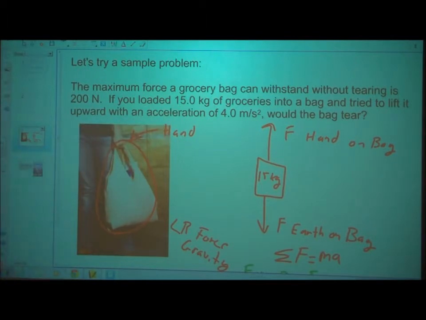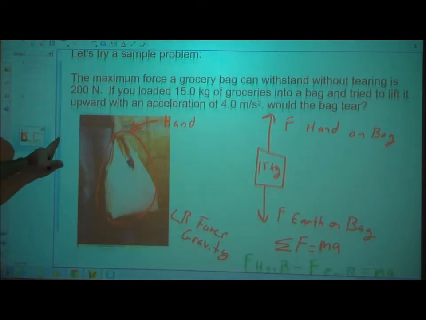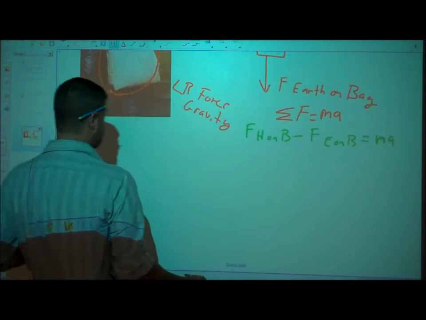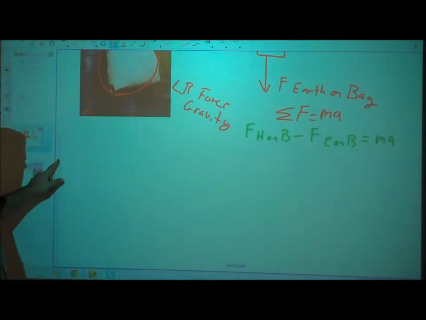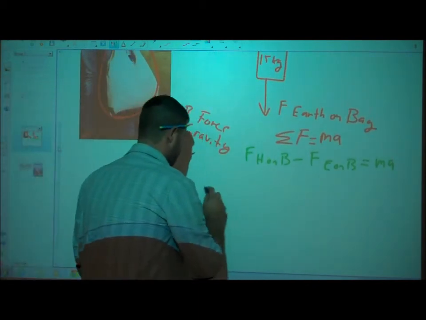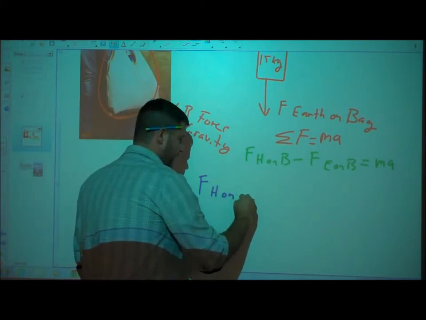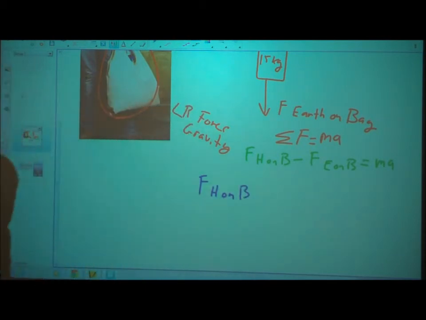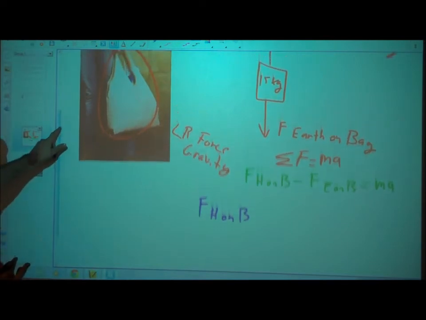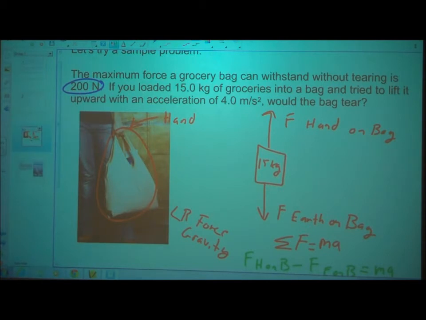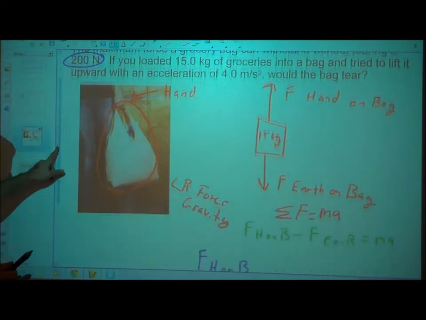Let's substitute these numbers in. We don't know the force of the hand on bag. That's what we're trying to figure out. We're trying to find out if the upward force is more than 200 newtons, because then our bag is going to break. So we don't know that. That's what we're actually trying to solve for here.